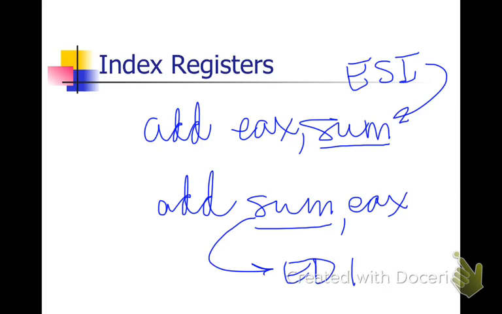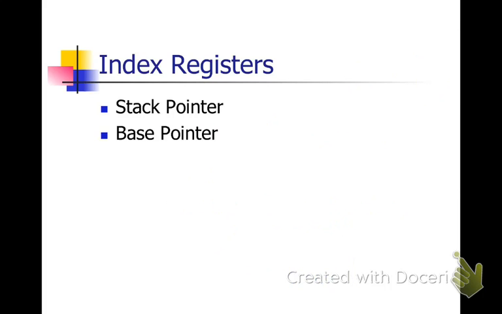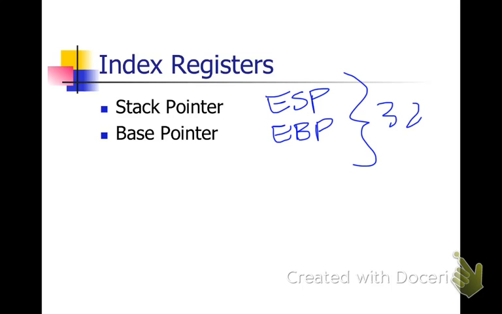2 more index registers. Stack pointer is also known as ESP. Base pointer is EBP. Both of these are 32-bit. The stack pointer moves as data is pushed or popped on the stack.